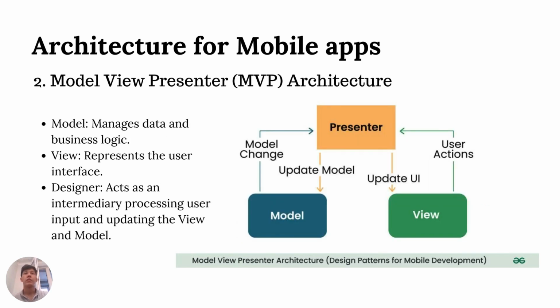The second is MVP, which stands for Model View Presenter. It's almost similar to MVC, but of course there are some distinctions that you can also learn by yourself. In this video, I'm just giving some introduction to these types. Model usually manages data and the business logic.